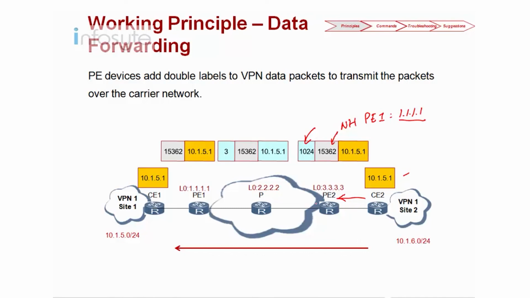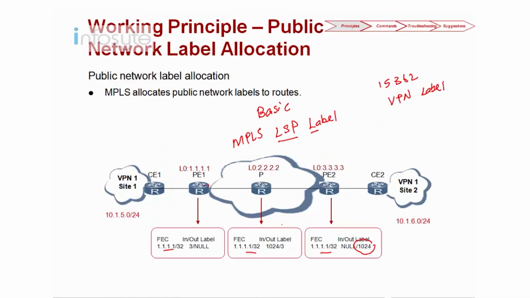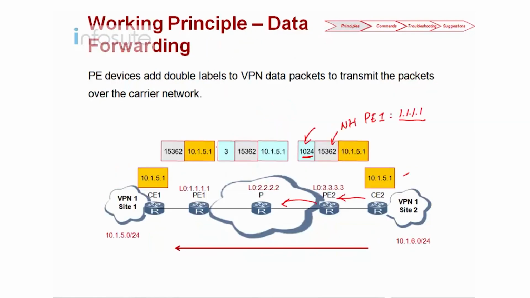Then I pass this frame to the P router. When the P router receives it and checks 1024, let's look at the previous page. When 1024 comes in, I will swap the label to label 3. As we know, label 3 is a special label. When the router looks at label 3, it means they're going to pop the label.